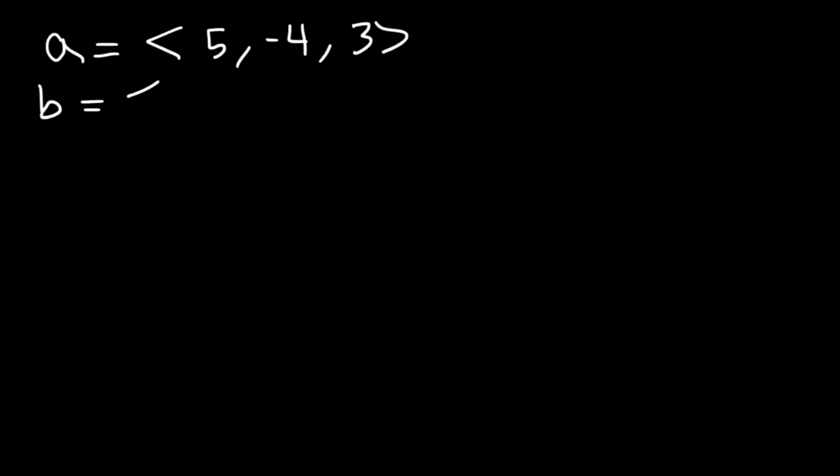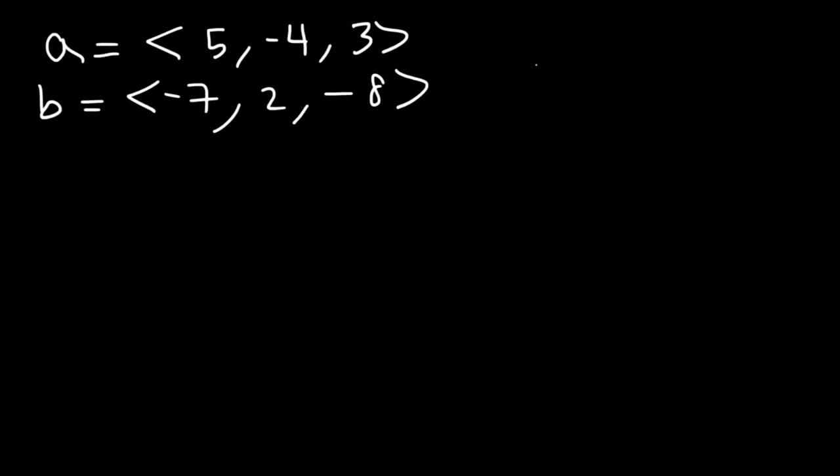Now let's work on another example. So let's say vector A has the components 5, negative 4, and 3, and vector B is negative 7, 2, negative 8.